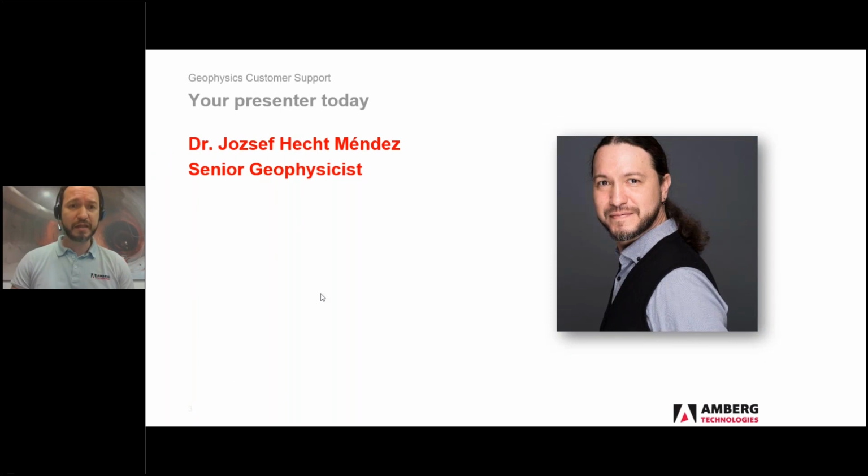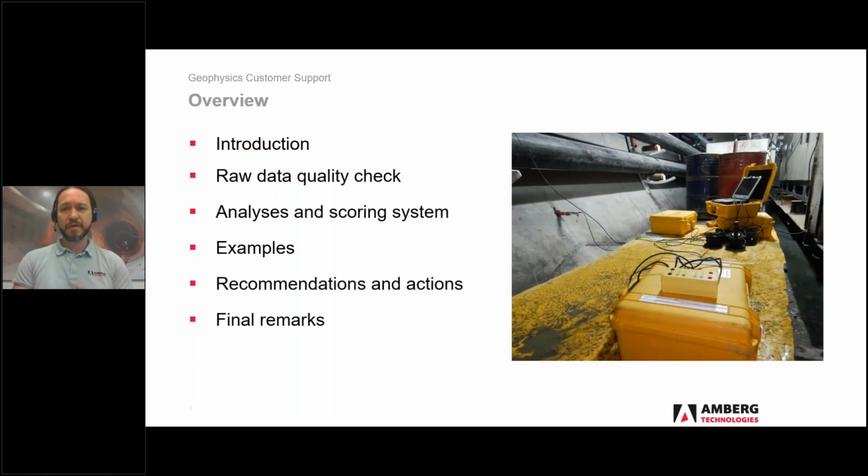So let's start with the content of today's webinar. First, we will have a short introduction about the motivation why we have developed this raw data quality check. Then we will talk about the raw data quality check itself. What is this?